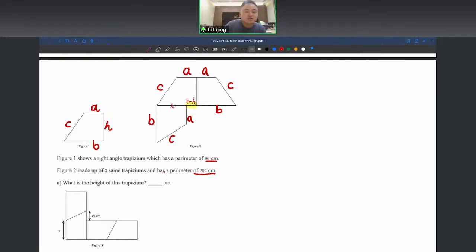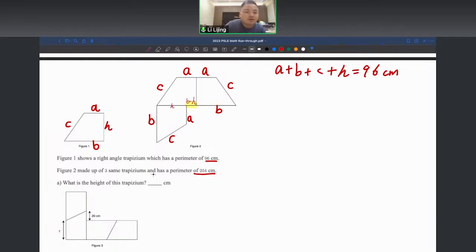Okay, so now let's use the knowledge of perimeter. For figure 1, the perimeter is 96, so you write down A plus B plus C plus H equal to 96 cm.